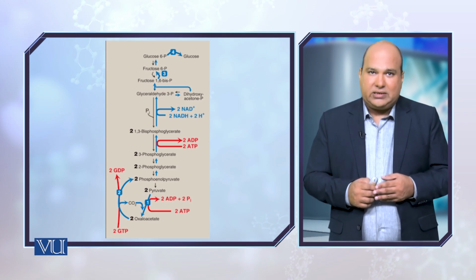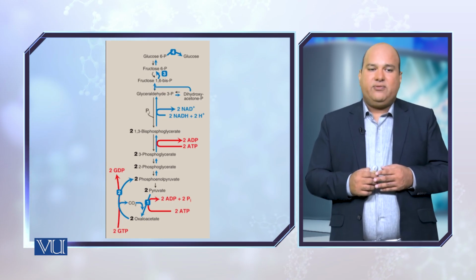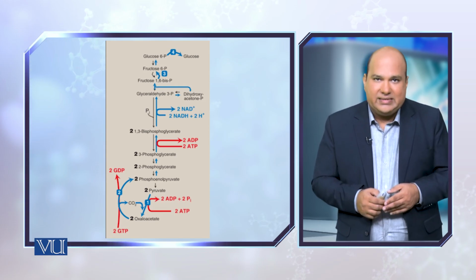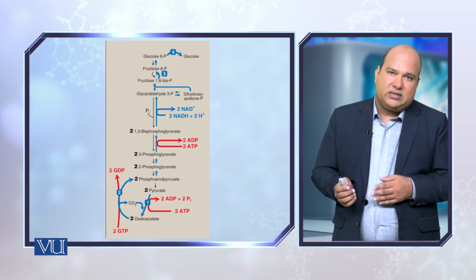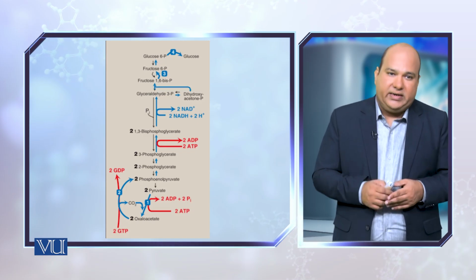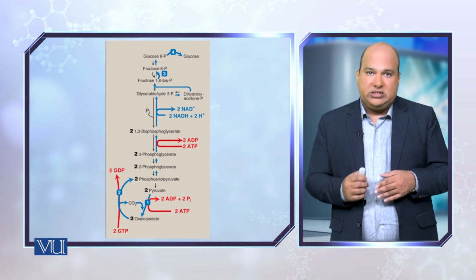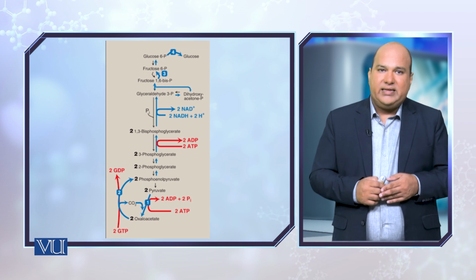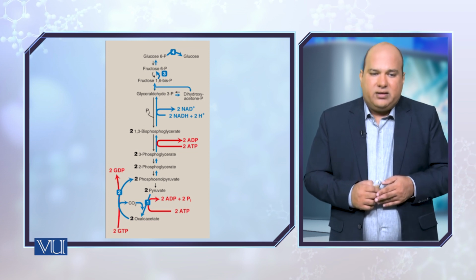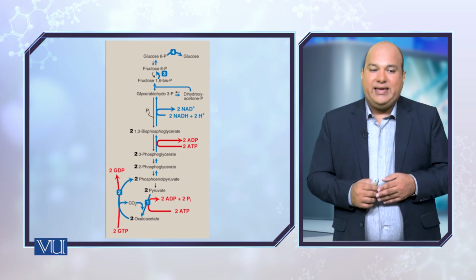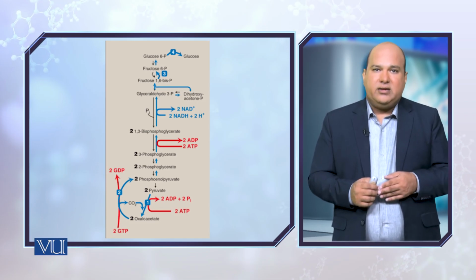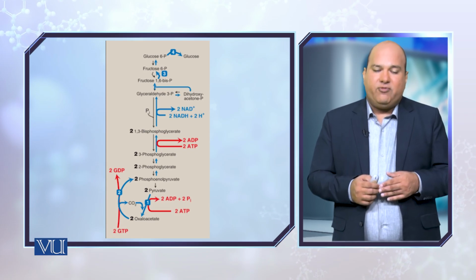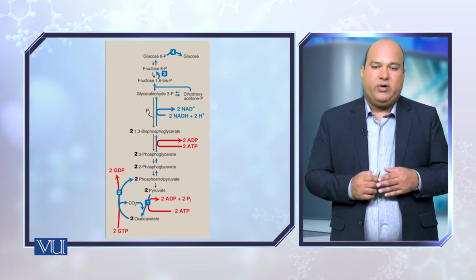This is the first circumvention. Then comes the fructose 1,6 bisphosphatase, which dephosphorylates fructose 1,6 bisphosphate and changes it into fructose 6 phosphate. And thirdly, pyruvate carboxylase converts pyruvate into phosphoenolpyruvate via the formation of oxaloacetate.